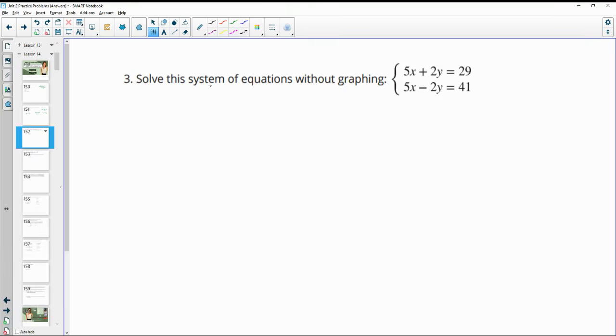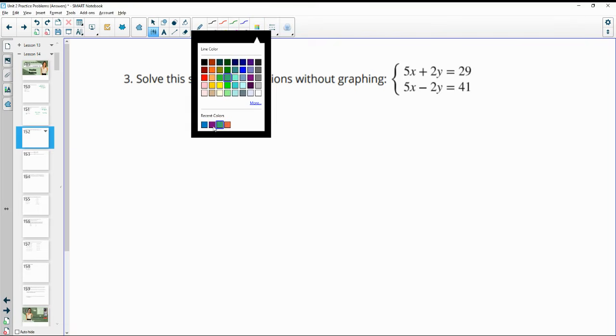Number 3, solve the system of equations without graphing it. So when we look here, you can see that we've got two terms that are the same and two terms that are opposite of each other. So you can decide here if you would like to add these two equations or if you'd like to subtract them.